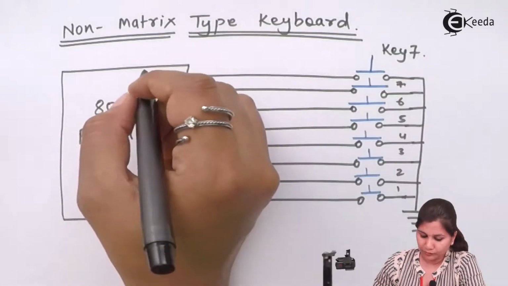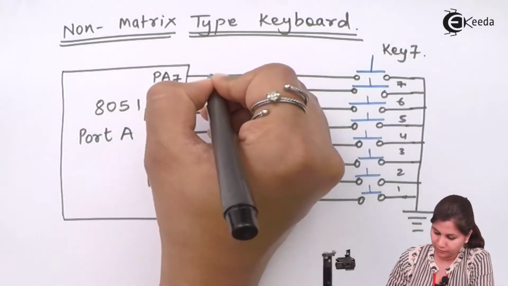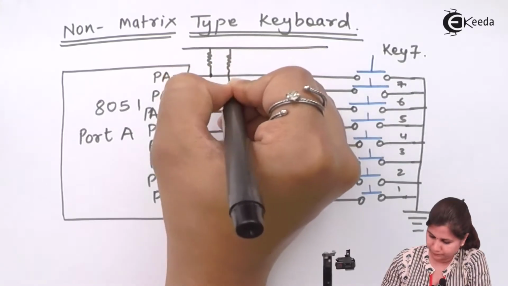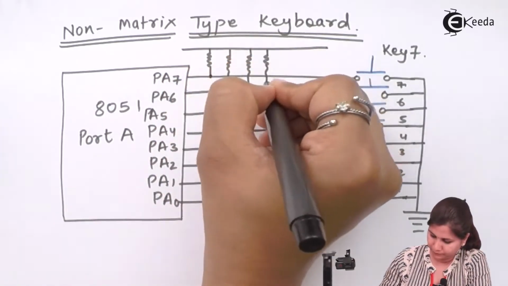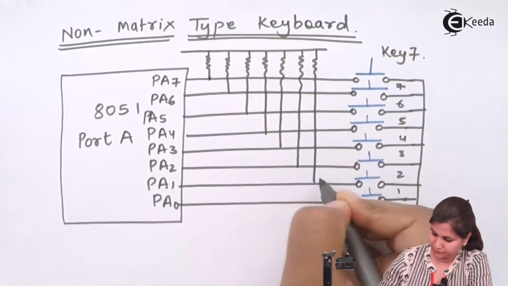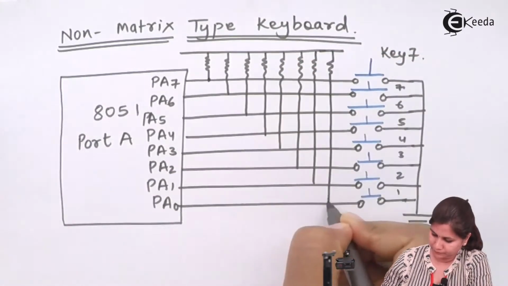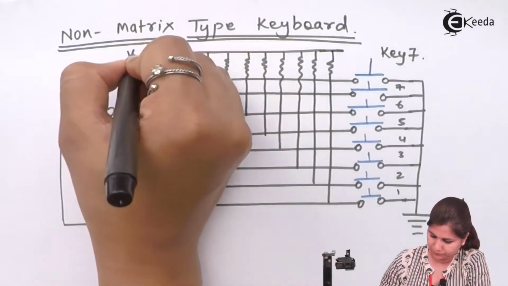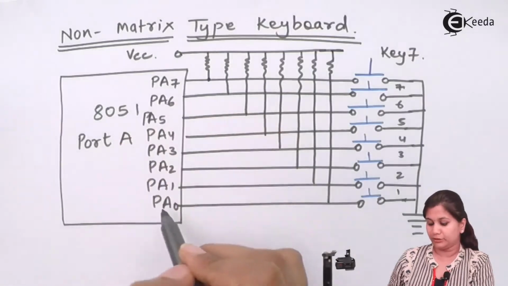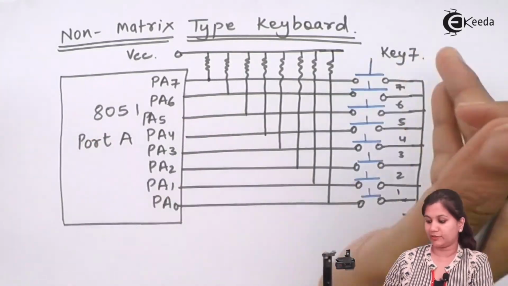Okay, so here with every key, you can see that each port line is connected with the keys.